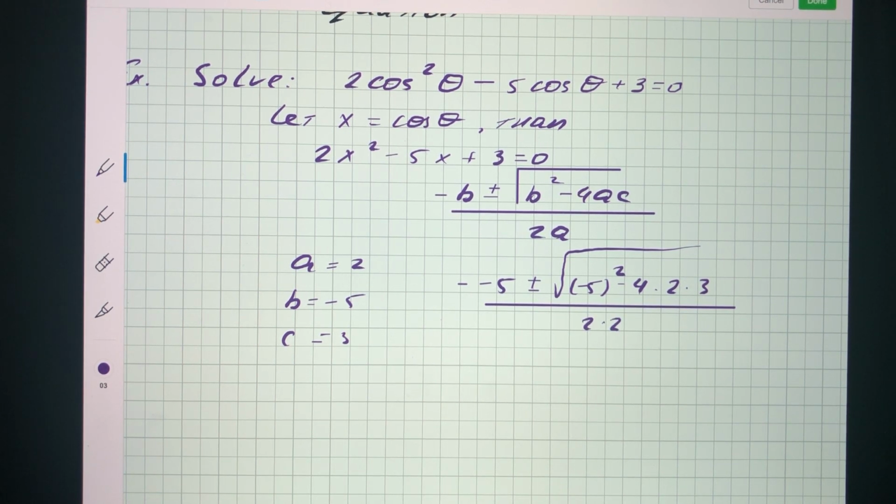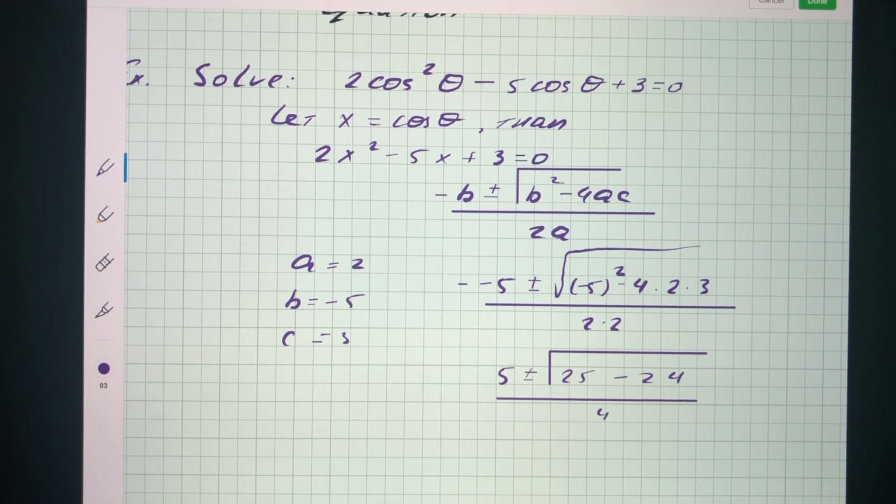So we have two negatives, minus and minus make a plus, so we have plus 5 plus minus the square root of negative 5 squared, that's 25. 4 times 2 is 8, 8 times 3 is 24, and then 2 times 2 is 4.